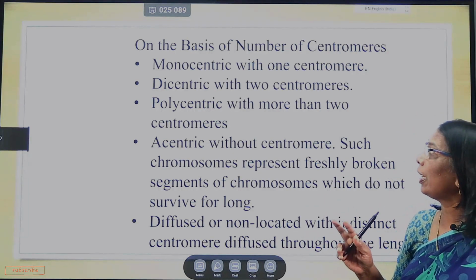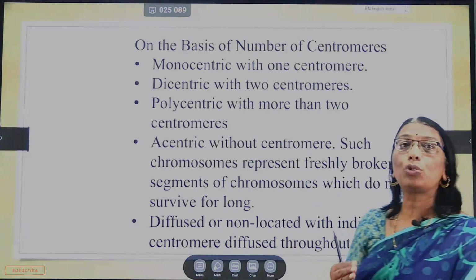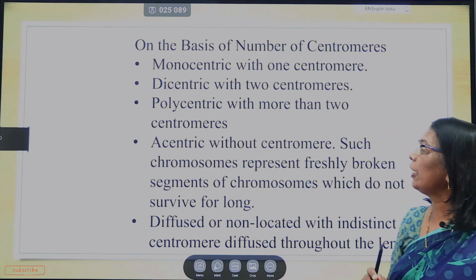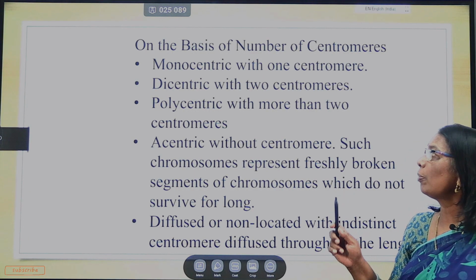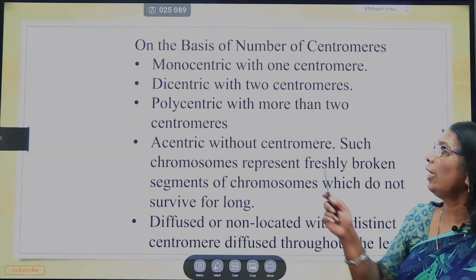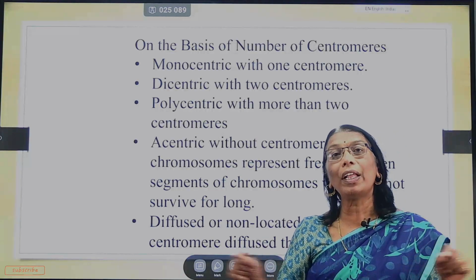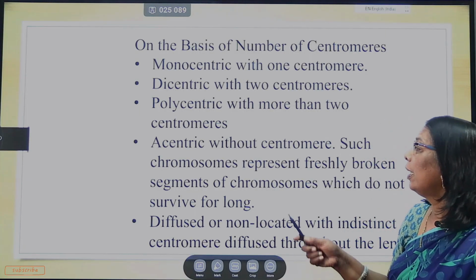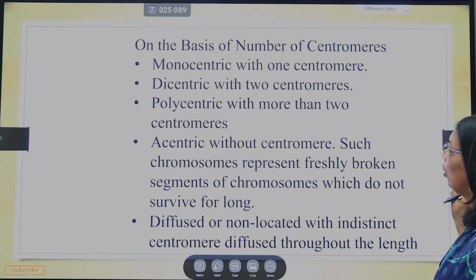When two centromeres are present, it is termed as dicentric. When more than two centromeres are present, it is termed as a polycentric chromosome. Besides this, chromosomes without a centromere are termed as acentric. And when a diffuse type of centromere is present throughout the length of a chromosome, that chromosome is termed as a diffused or non-localized chromosome.